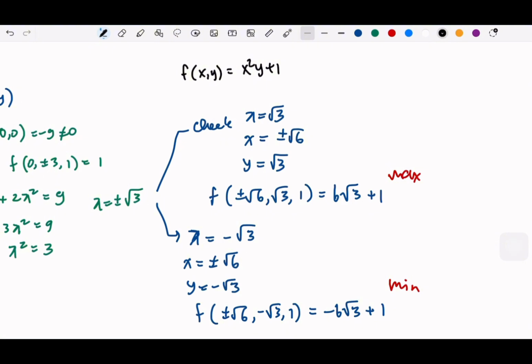From the possible values that we have, we can see that this will be the maximum value. This will be the minimum value for the left. Okay. So solving Lagrange, sometimes we need to use some cases, because there will be many possible paths that we could choose.